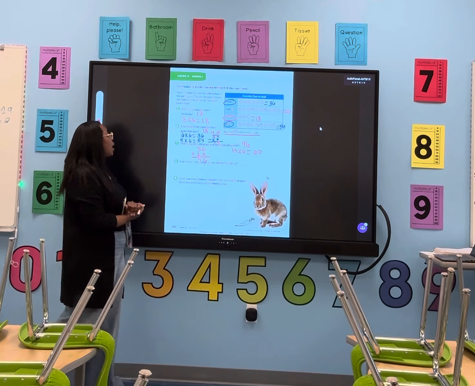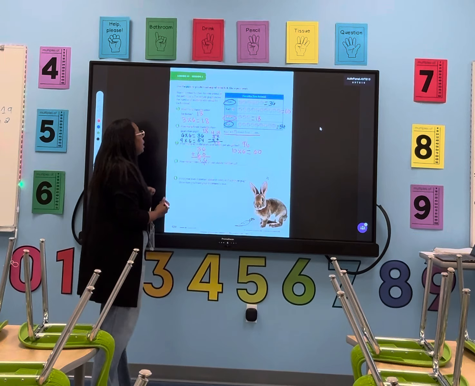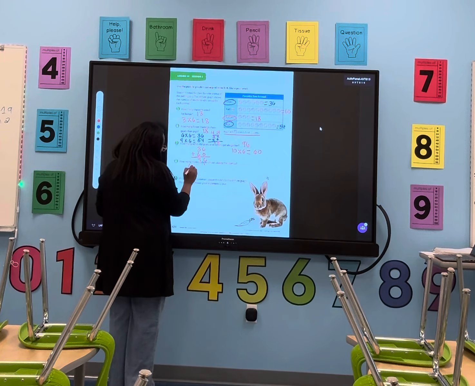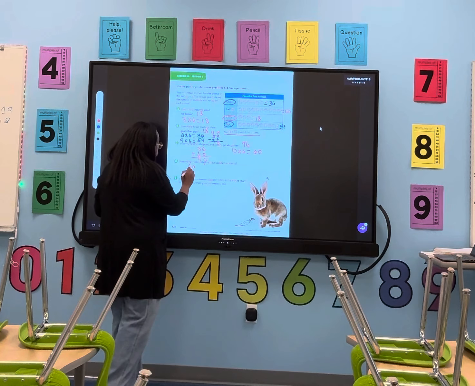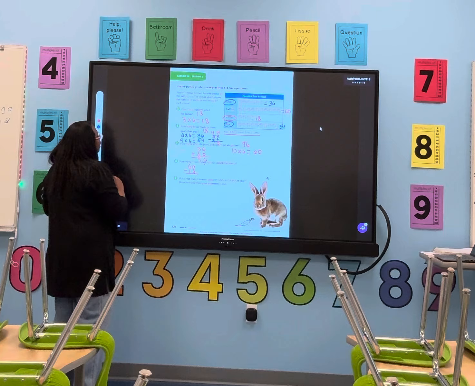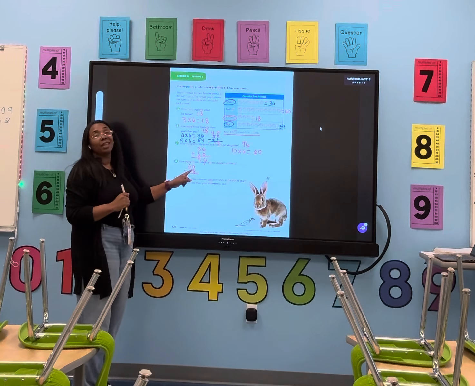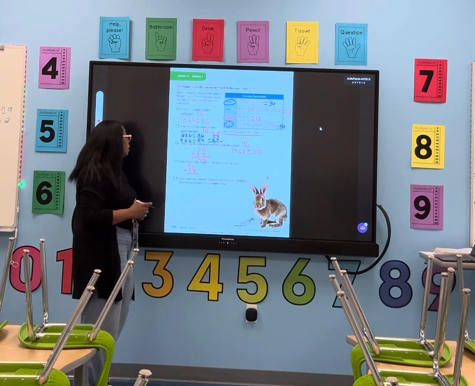So let's look at my rabbits. I have, again, 60 for the rabbits. So I'm going to have 60 minus my llamas, which is 18. Okay, so let's go ahead and start subtracting in our ones place. 0 minus 8, I cannot subtract that. So that means I'm going to have to borrow from the 6 in the tens place.